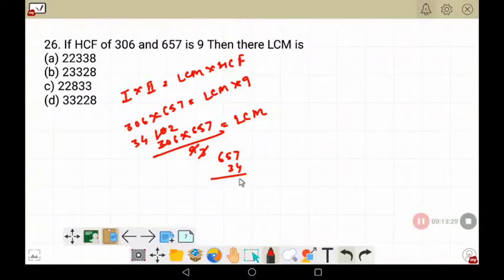So 4 7s are 28, carry on 2, 4 5s are 20, 22, 4 6s are 24 to 26, 3 7s are 21, carry on 1, 3 5s are 15 to 16, 3 6s are 18, 19. The first one is the answer.